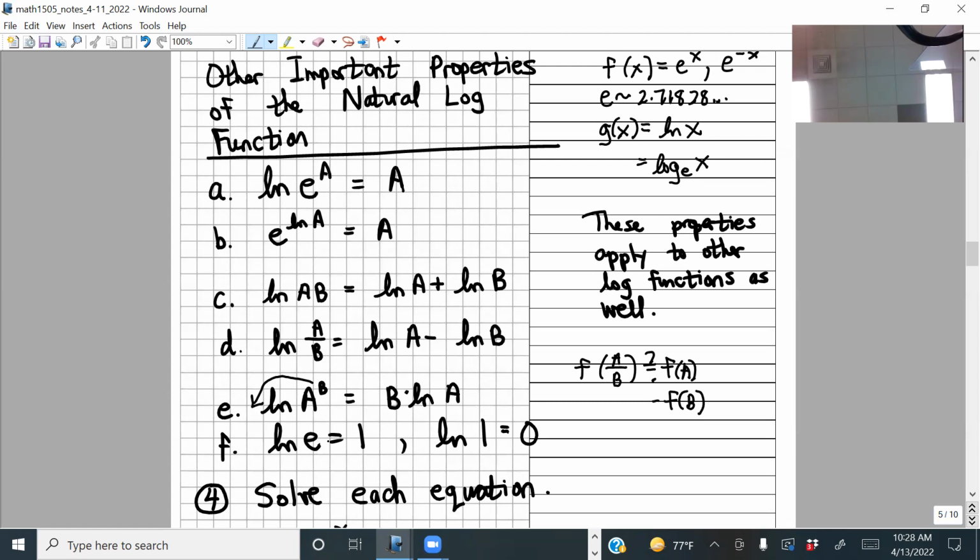Now, the last line here, F, is really the same as A, but I just filled in specific values for the A here. So if you have the natural log of e, think of that as the natural log of e to the 1 power, because e is e to the first power. Well, what does property A tell you when you have the natural log of e to a power?